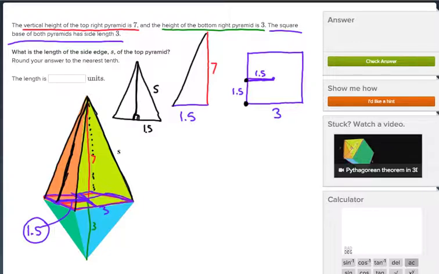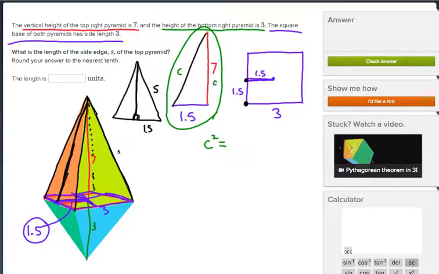Okay. So let's set up the Pythagorean theorem. Based on this interior triangle here, we have c squared equals a squared plus b squared.